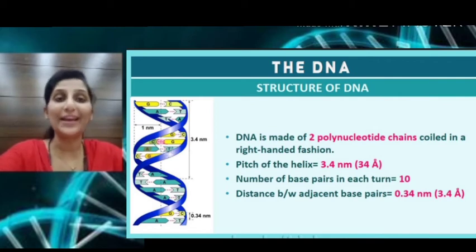So the pitch of the helix is 3.4 nanometers, and in each turn the helix makes, there are 10 base pairs, and the distance between each base pair is 0.34 nanometers, or 3.4 angstroms. So clear? The distance between each base pair is 3.4 angstroms, or 0.34 nanometers.